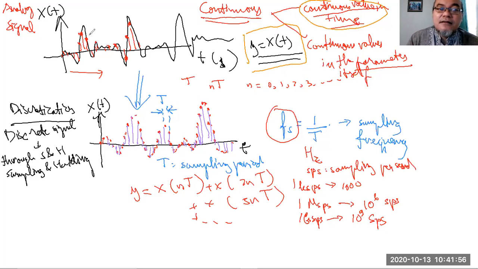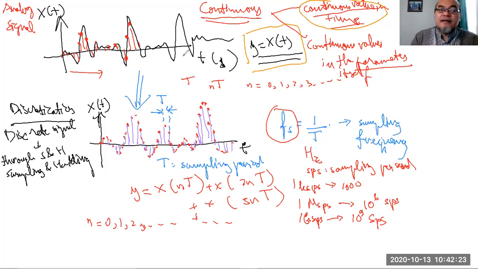So it is not the continuous data like before, x(t), but instead the data of the original signal only at particular points, which are integer multiples of the sampling period. So n here equals 0, 1, 2, etc.